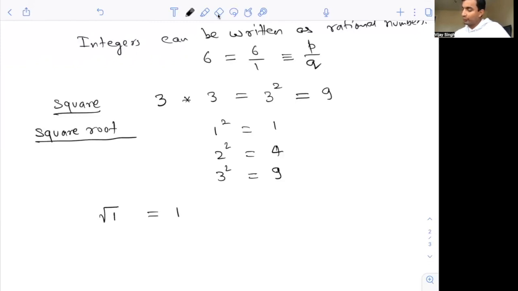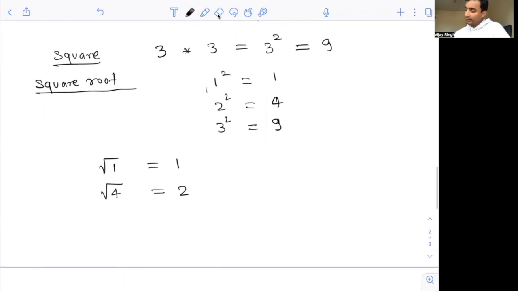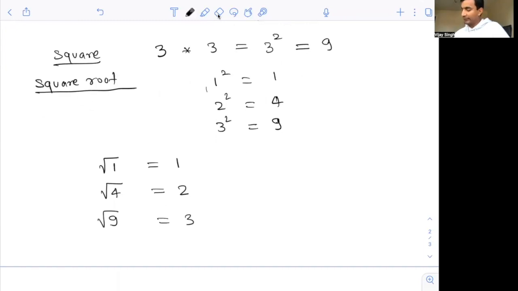When you do the square root of this number 1, you get this number 1. It will be clearer if you look at the square root of, let's say, 4. The square of the number 2 is 4. So the square root of number 4 would be equal to 2. Square root of 9 would be equal to 3, and so on.